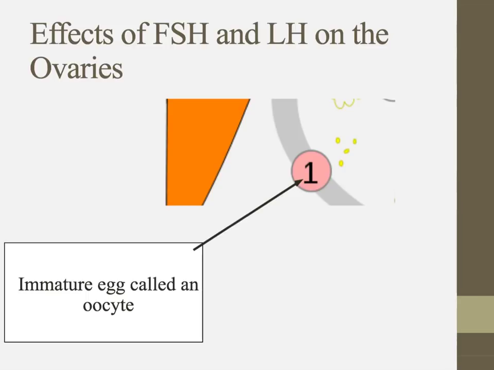But this is why maternal age is such a risk factor for things like Down syndrome, because these are present at the time that a woman hits puberty, and every month that a new one comes into the cycle, they're just getting older and older and older, and sometimes those meiotic divisions don't occur correctly.